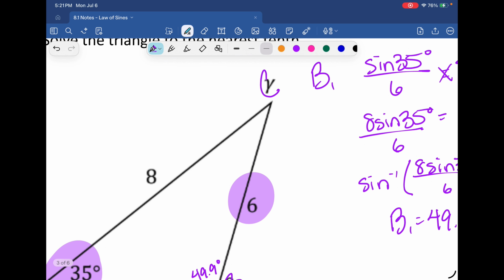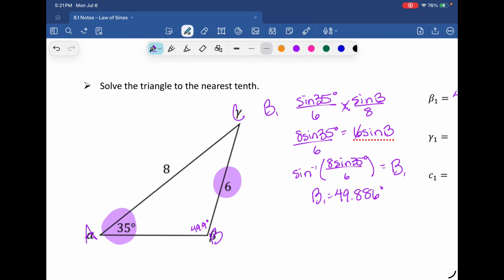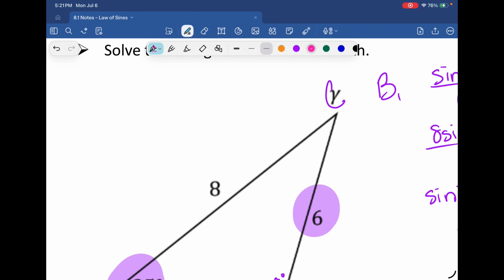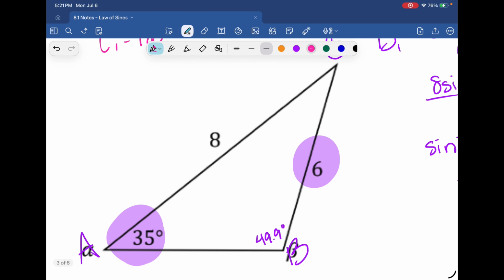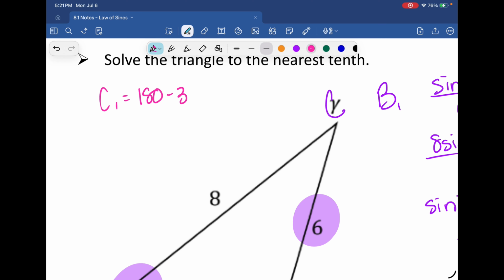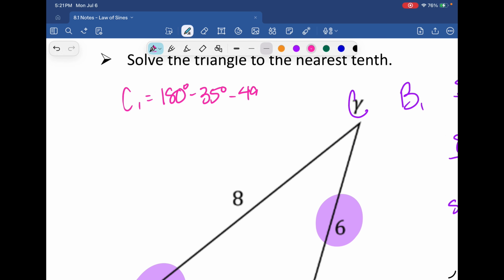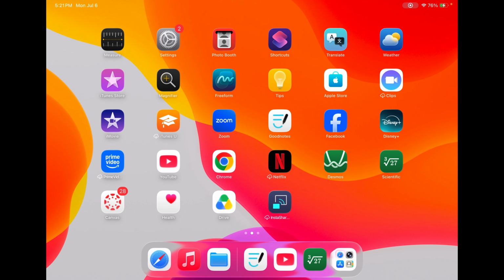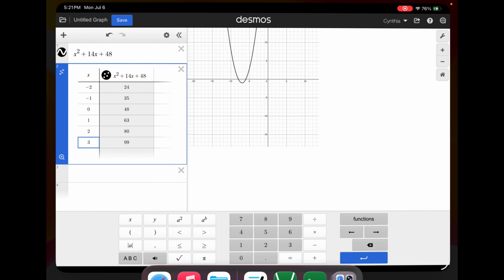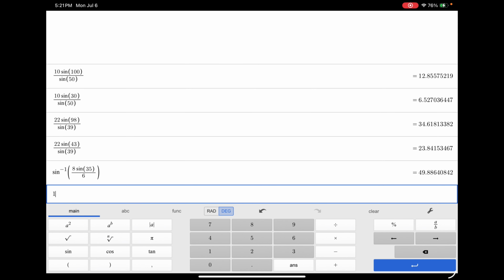All right, I can find angle C now. I have 2 of the 3 angles of a triangle. We can find the third one by subtracting from 180. So 35 is given. And then 49.886. So what I want you to see as I put this in the calculator, especially in Desmos, 180 minus 35.